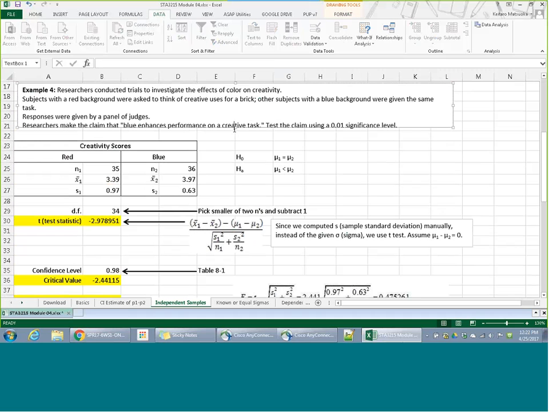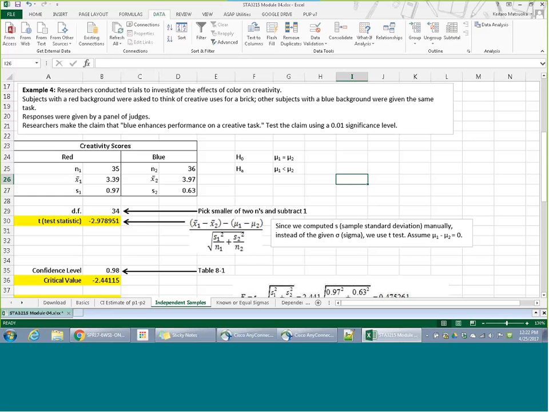Researchers make the claim that the blue enhances performance on the creative task. Test the claim using a 0.01 significance level. So that implies that the proportion of blue should be larger than the proportion of red, and alpha is going to be 0.01.